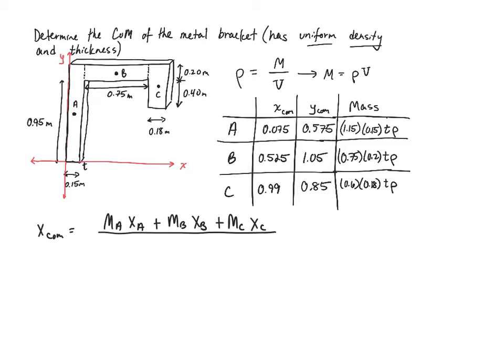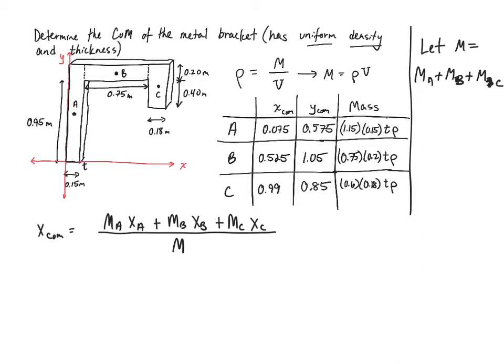For now, I'll put this up here: let M equal M1 plus M2 plus M3, or A, B, and C, sorry. A, B, and C.